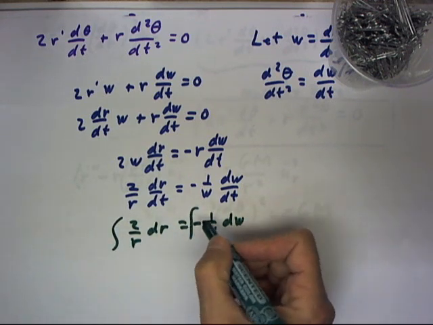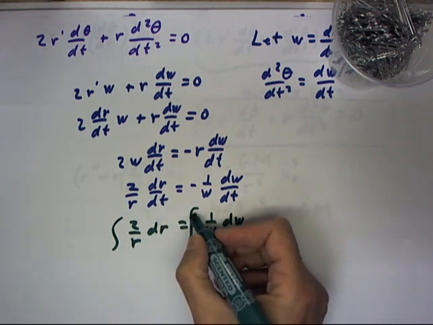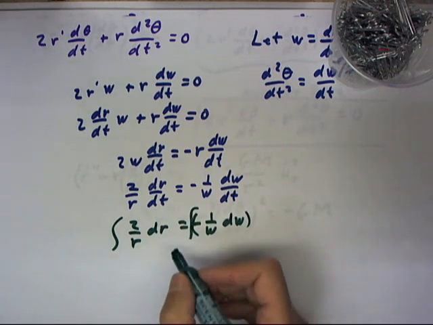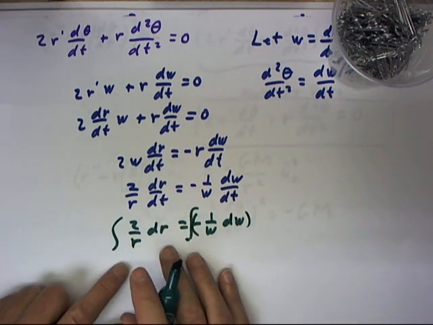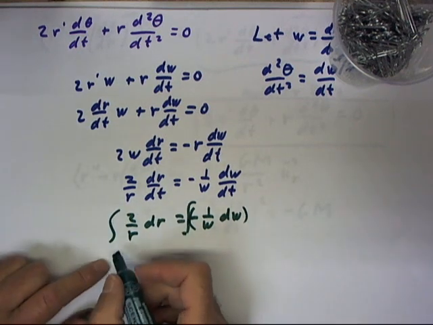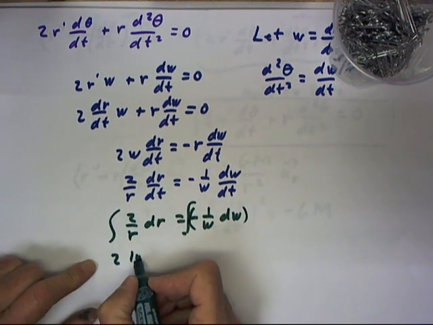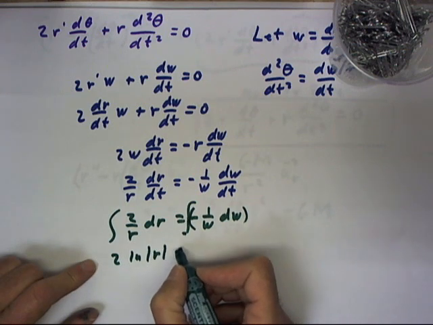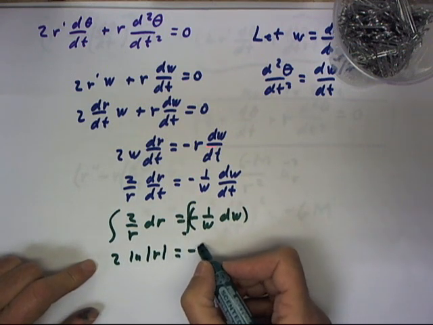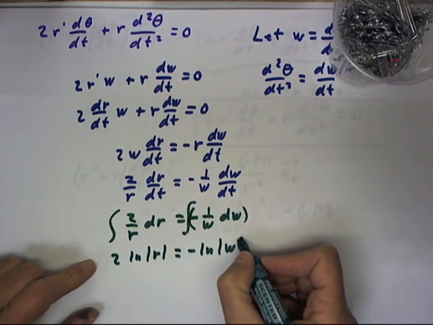We put an integral sign in front of these terms. Probably should get some parentheses in here. And we just do the integration. We get 2 times the natural log of the absolute value of r equals negative natural log of the absolute value of w.